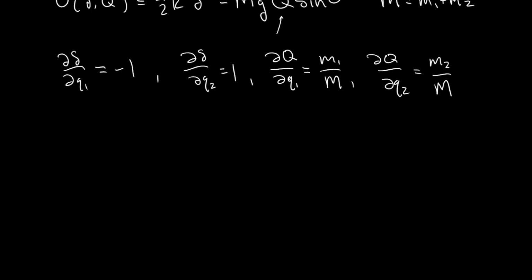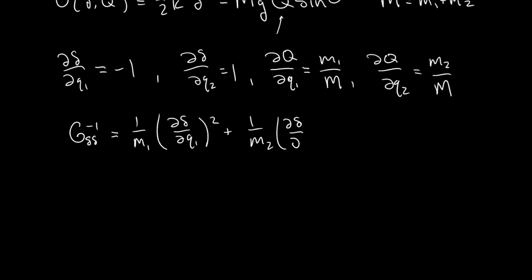And so in this case, we can use our transformation rules to find our components of G, and we get something like d delta 1 squared plus 1 over m2, d delta dq2 squared, 1 over m1 plus 1 over m2, which I'll define as 1 over mu. I'll give a name to mu in a second.